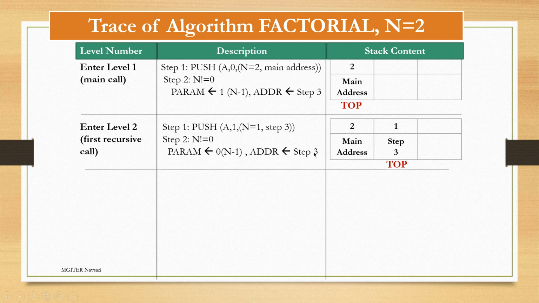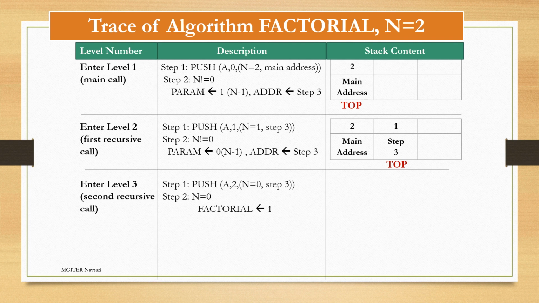So again enter level number 3, that is the second recursive call. Again in this step we are going to push an element in the stack. So here A is the stack, and 2 is the top, because now our top is pointed over here, as this value is entered in the stack. Initially our top is 0, then it became 1, and now it is pointed to 2.